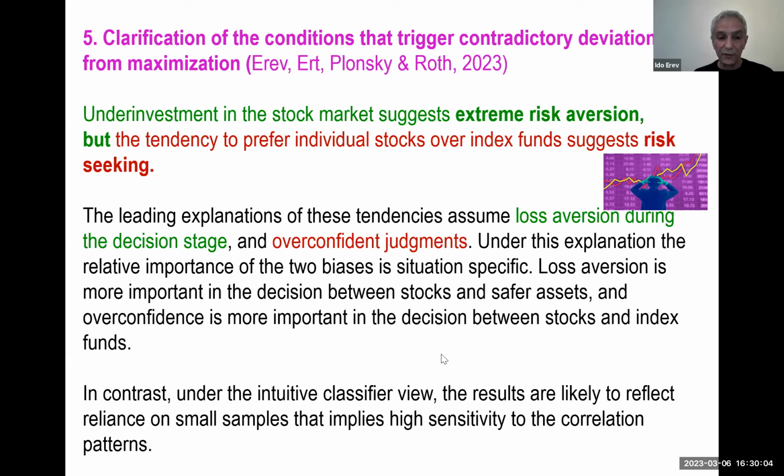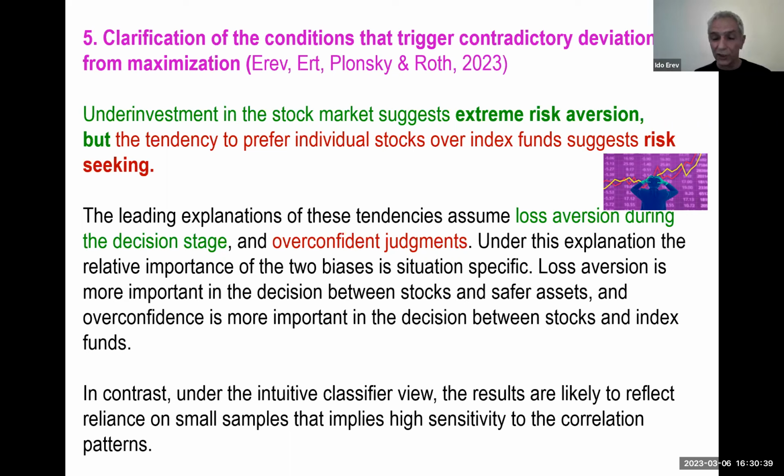The problem, of course, with this view is that it's very difficult to predict human behavior in a new situation if you assume there are two biases that go in different directions, and you don't have a general model that will tell you which one of these two biases will be more important. The intuitive classifier view, in contrast, actually sheds light on the conditions under which people will behave as if they are loss averse, and will behave as if they are overconfident.